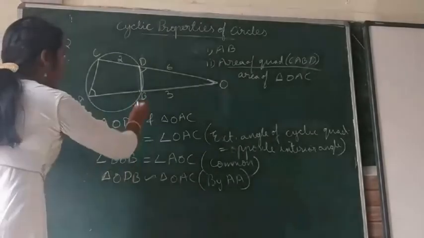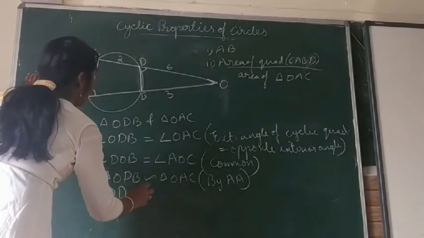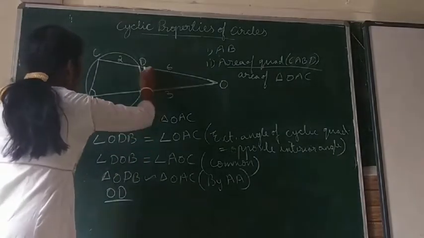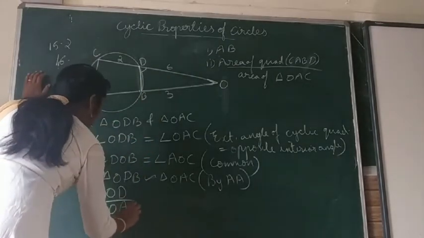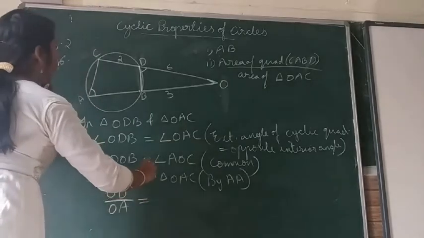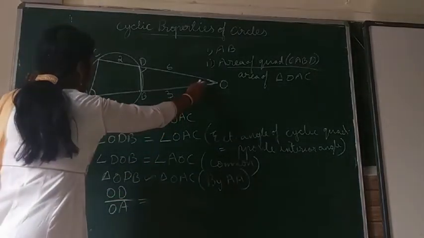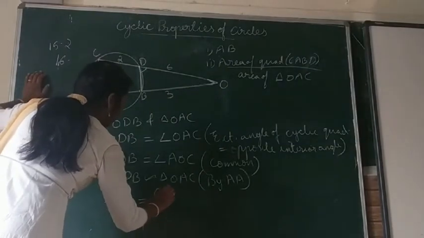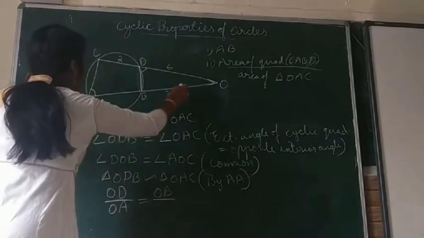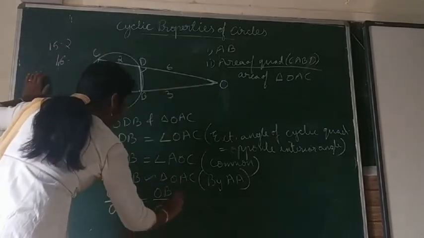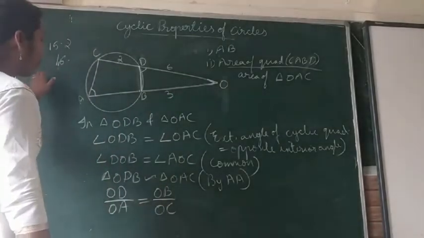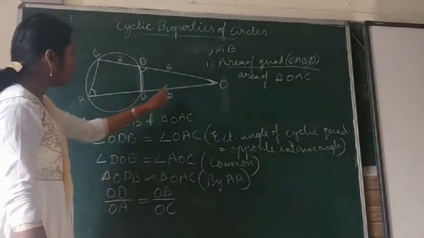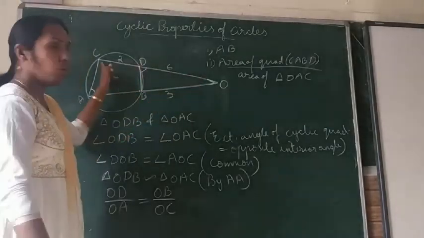That means OD by OA is equal to OB by OC. OD by OA is equal to OB by OC.